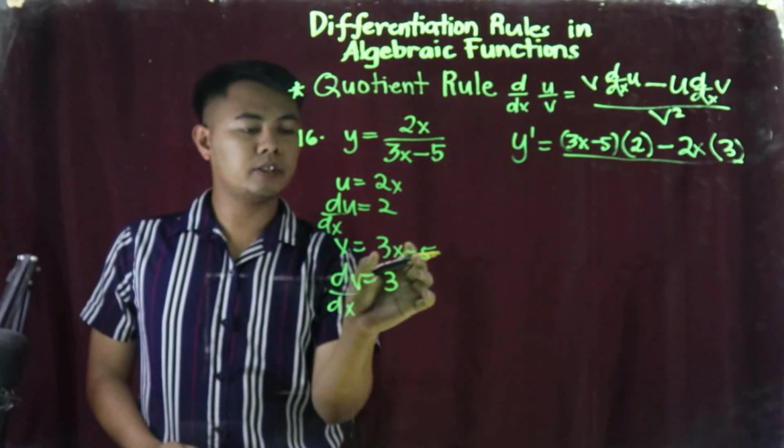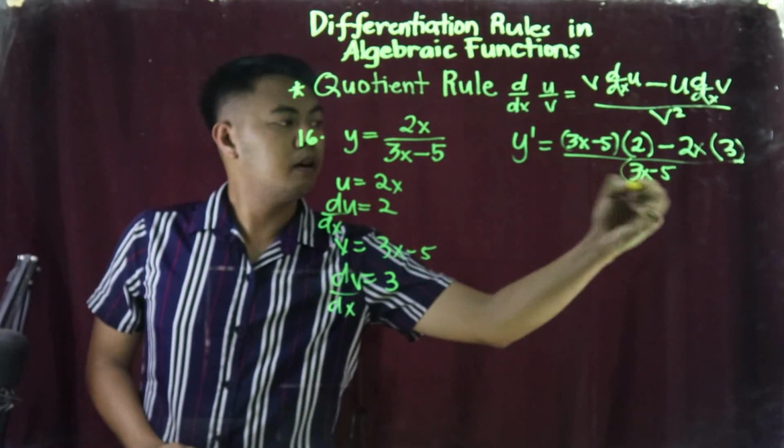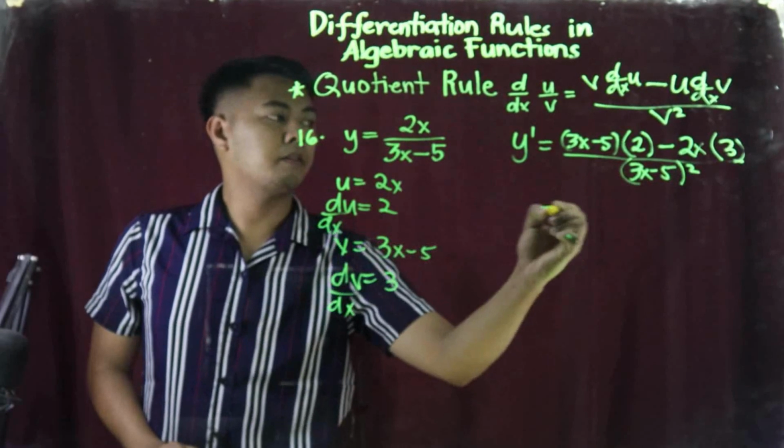So our v is 3x minus 5, quantity squared.